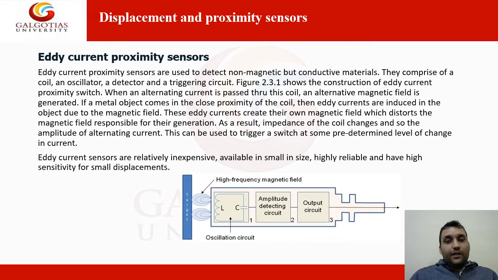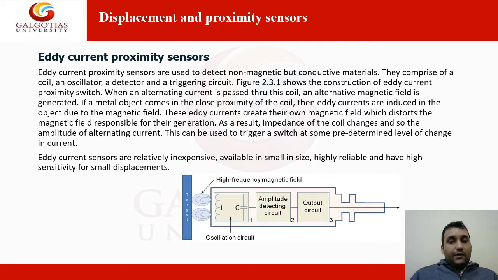This figure shows the construction of eddy current proximity sensors. This is the output circuit. This is the trigger where the high frequency magnetic field is generated. This is the oscillation circuit with L and C, then the amplitude detection circuit, and this is the output circuit where the output is measured.